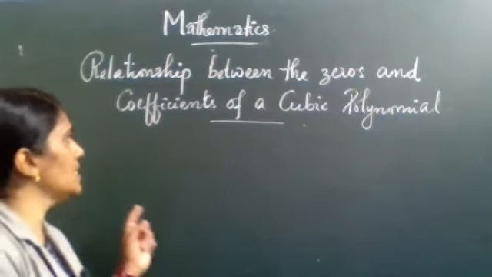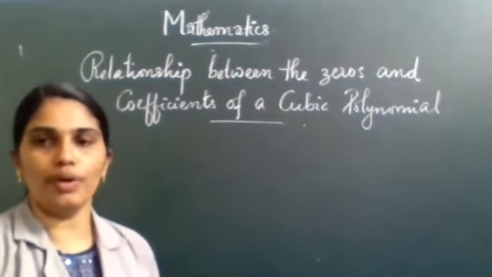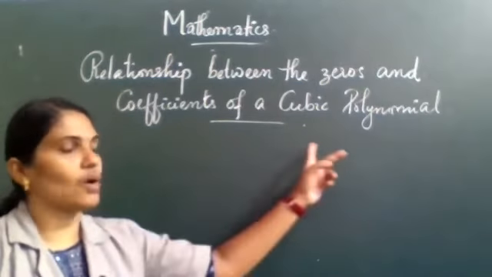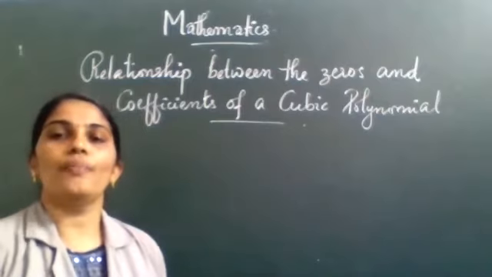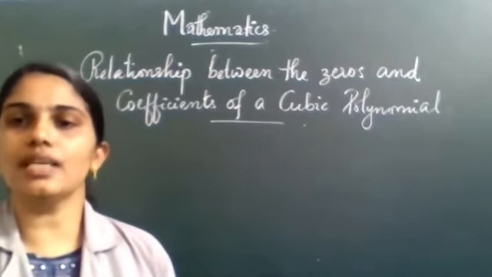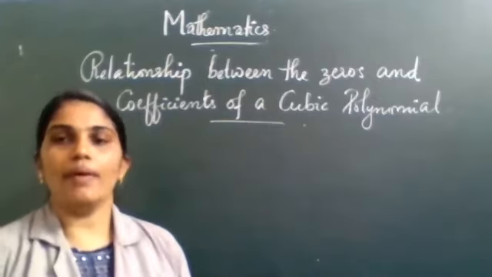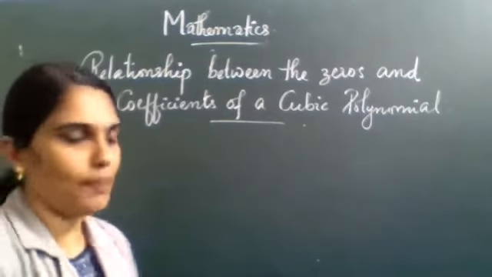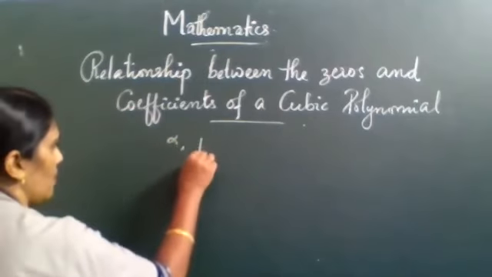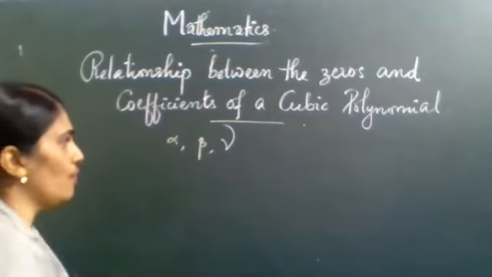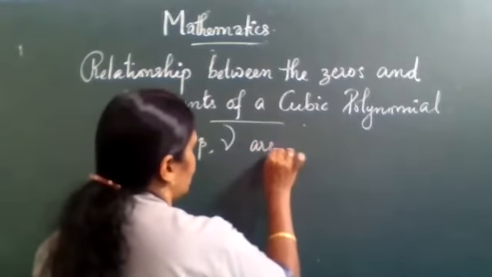As we know, a polynomial of degree 3 is called a cubic polynomial. So the cubic polynomial has 3 zeros. So we take alpha, beta and gamma as the 3 zeros of this cubic polynomial.